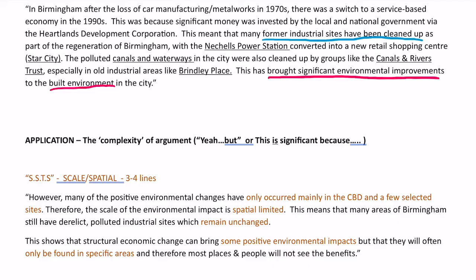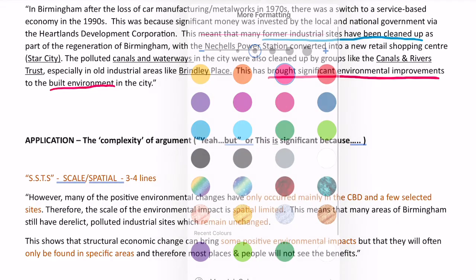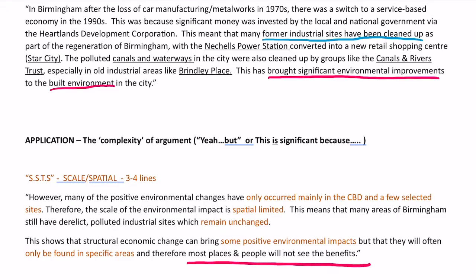So there are lots of places in Birmingham where it remains unchanged. Here again, I'm linking back to summarise all the points I've made above. I've said, yes, there are positive impacts, but those only happen in specific areas, and therefore not everybody and not all the people see the benefits. This last line in particular, where I highlight not everybody and all places, is again linking back to the words people and places in the question.